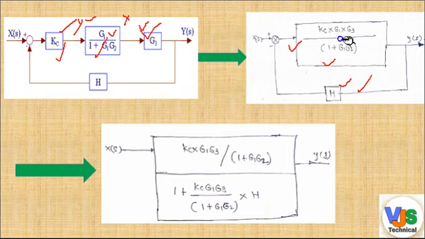This now becomes G, and this total term becomes H. The same rule, G upon 1 plus minus GH, applies here. So Kc G1 G3 upon 1 plus G1 G2, upon 1 plus this term, this is the G term, Kc into G1 G3 upon 1 plus G1 G2, into H. This is the feedback loop elimination we have applied over here.